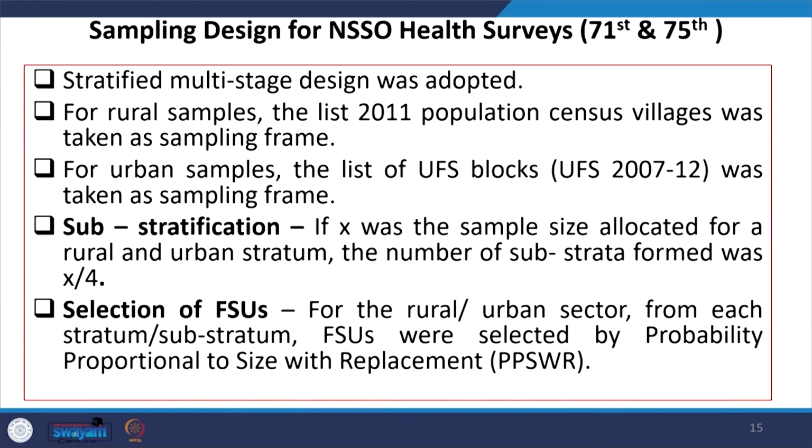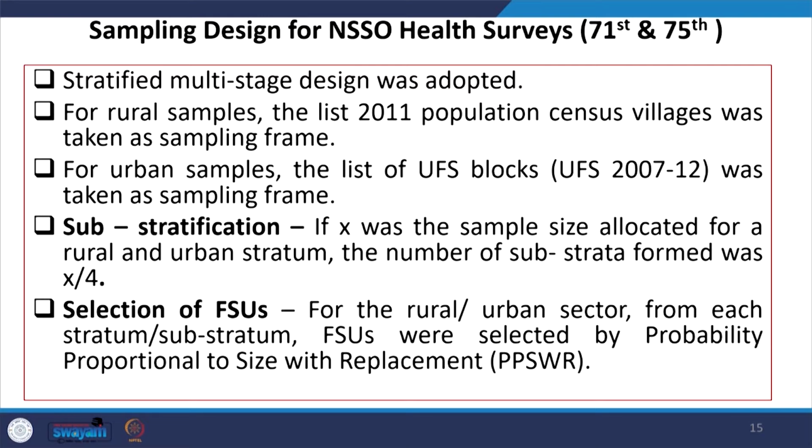And for urban, the list of UFS blocks, 2007-12, was taken as the sampling frame. The 2007-12 sampling frame was taken in the urban areas, whereas the 2011 population census villages were taken as the sampling frame in rural areas.